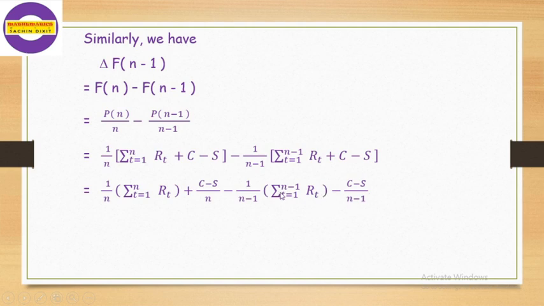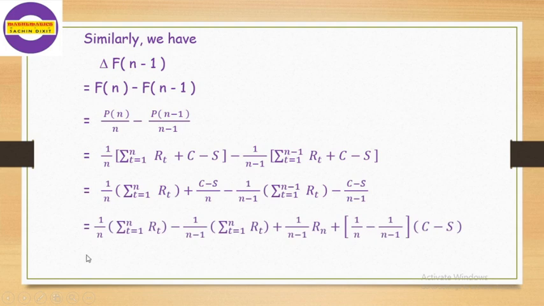That plus Rn will be added to this and minus Rn will be separated out, and then multiply this bracket, but that minus and this minus becomes plus, and hence the expression will be 1 upon n summation t varies from 1 to n Rt minus 1 upon n minus 1 summation t varies from 1 to n Rt. That we have to adjust here. We have to add here Rn term and then subtract one Rn term, and that subtracting term is minus, and this outside minus, that minus minus becomes plus. Hence it is plus 1 upon n minus 1 Rn.